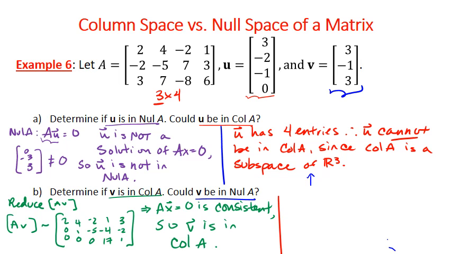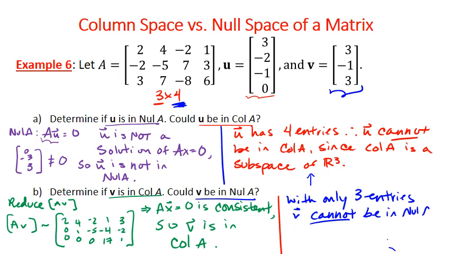Since there are 3 entries and A, null of A is a subspace of R4, no. So with only 3 entries, v cannot be in null of A, since null of A is a subspace of R4. Too small.